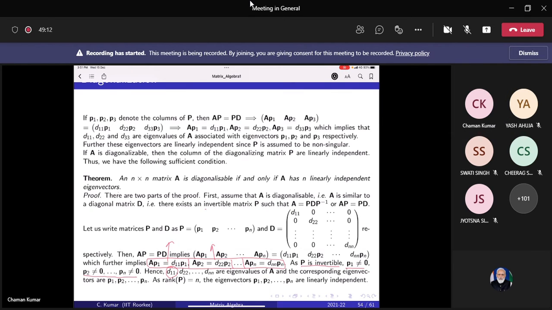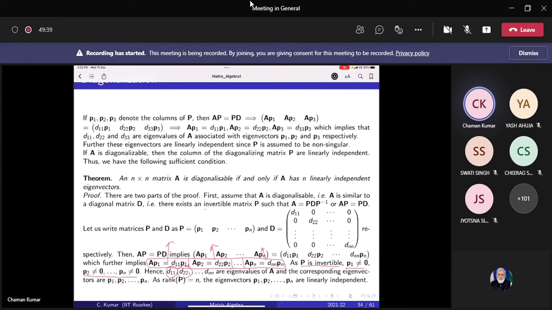Similarly, the second relationship is AP2 is equal to D22 P2 and P2 is not 0. So from the second equation, we can say that D22 is an eigenvalue of A. And the last one is APn is equal to Dnn Pn, and Pn is not equal to 0.